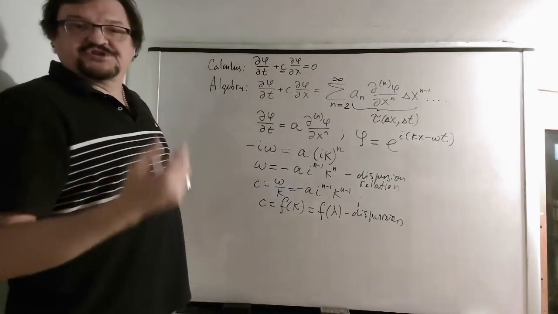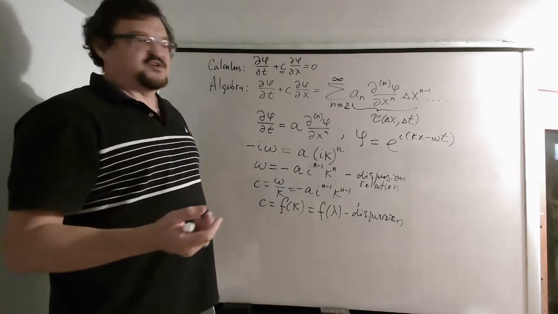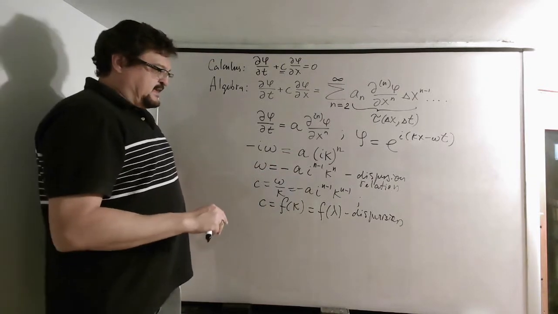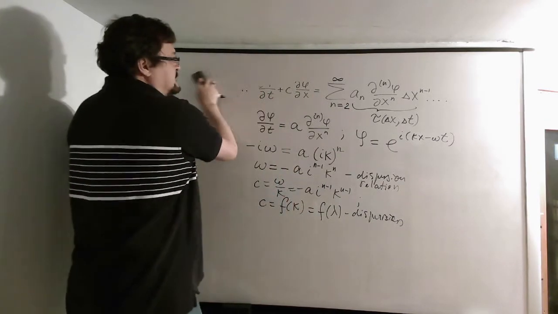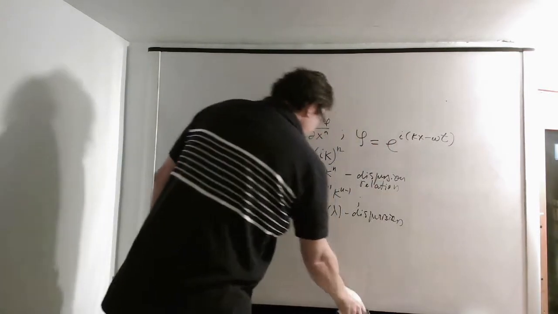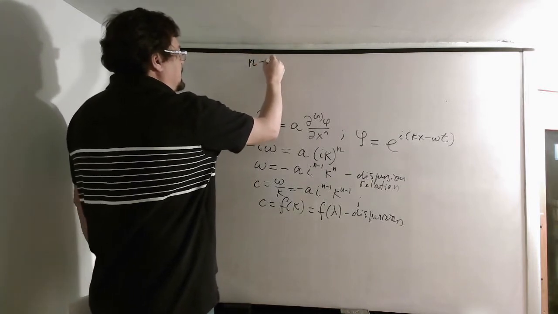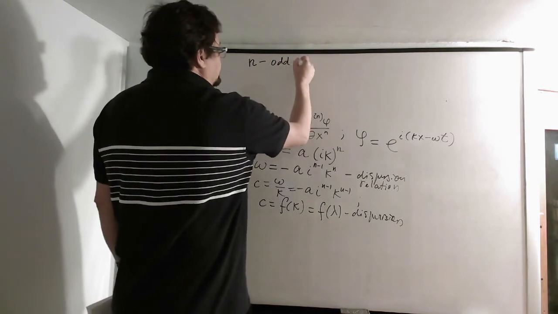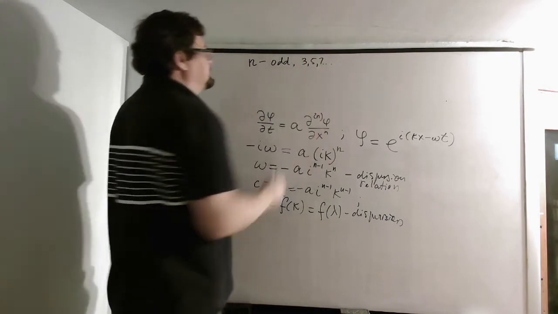Now, how about diffusion? Or not diffusion, dissipation. Dissipation is a change of amplitude. So let's consider two cases. First, n odd, like for example 3, 5, 7, and so on.